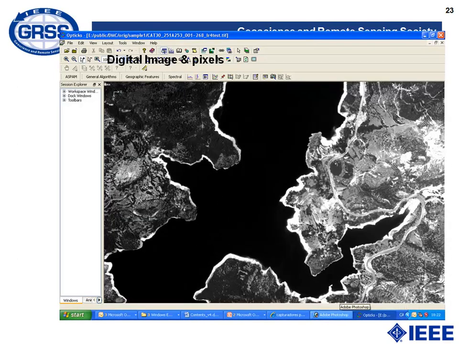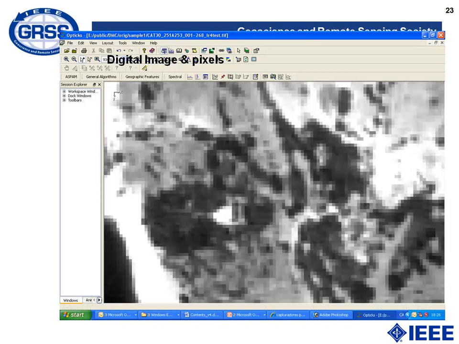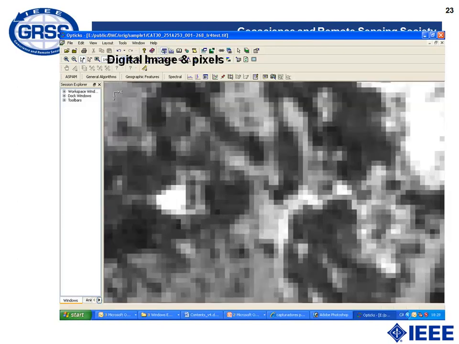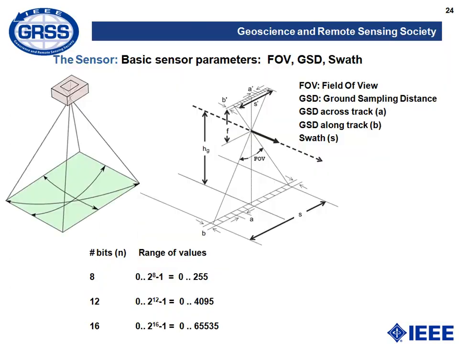The image can be zoomed to finally detect the pixel element and the corresponding values.